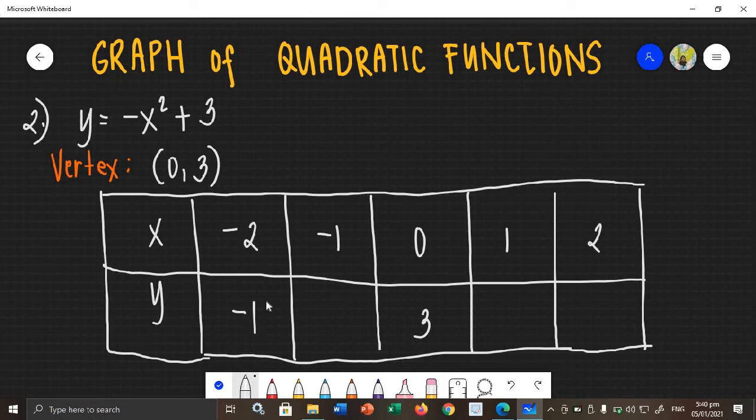And then, repeat the process. No? The second one is negative, and then negative 1 squared plus 3. So, substitute nyo lang yung x-coordinate nyo sa x dito sa given. So, we have negative 1 squared, that is 1, plus 3. Negative 1 plus 3, that is equal to 2.